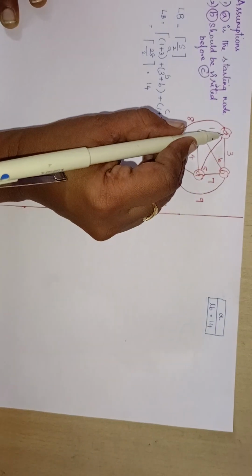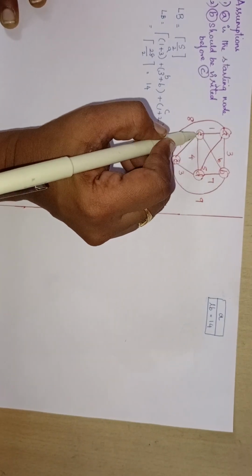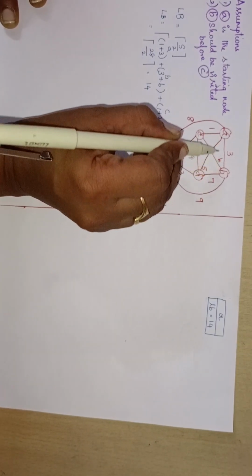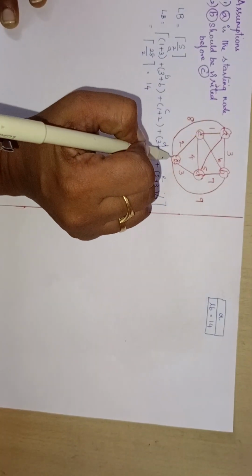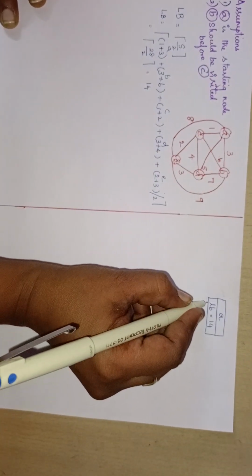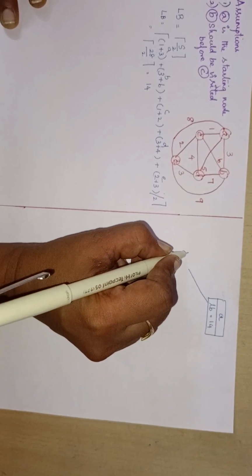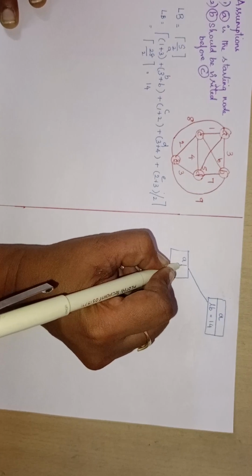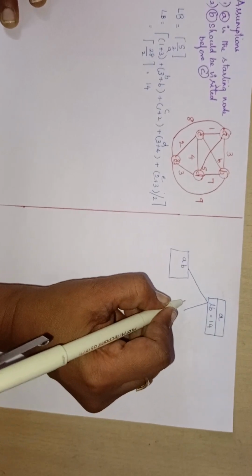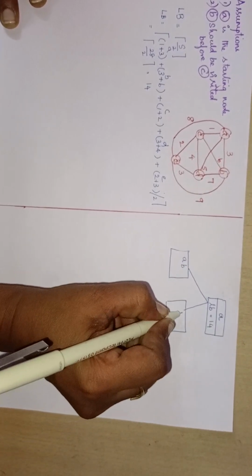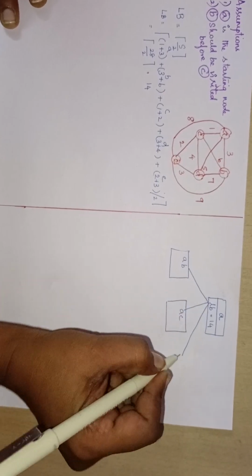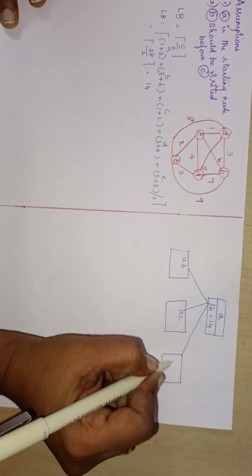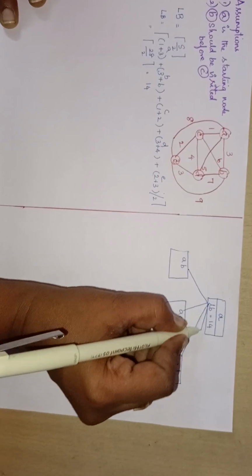Then from A, where can I go? To B, to C, to D, as well as to E. So the various nodes that can be explored are AB, AC, AD, as well as AE.